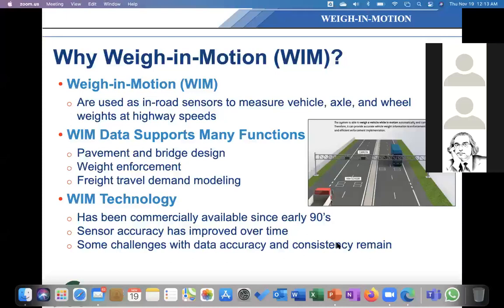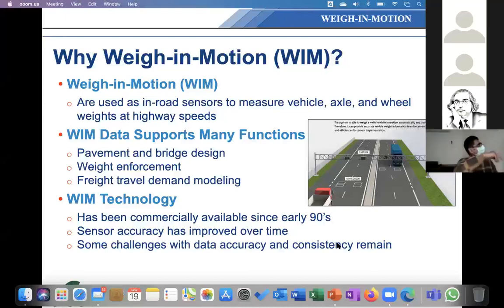Now, these data are also important for freight travel demand modeling. So, in the US, they use the WIM data to estimate how much freight is being moved at the network level. Now, WIM technology has been available since the early 90s, and in 94, 95, we installed it in Pakistan.